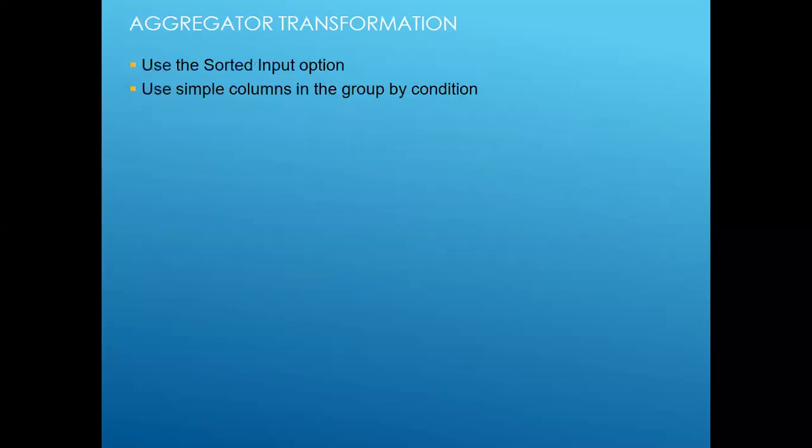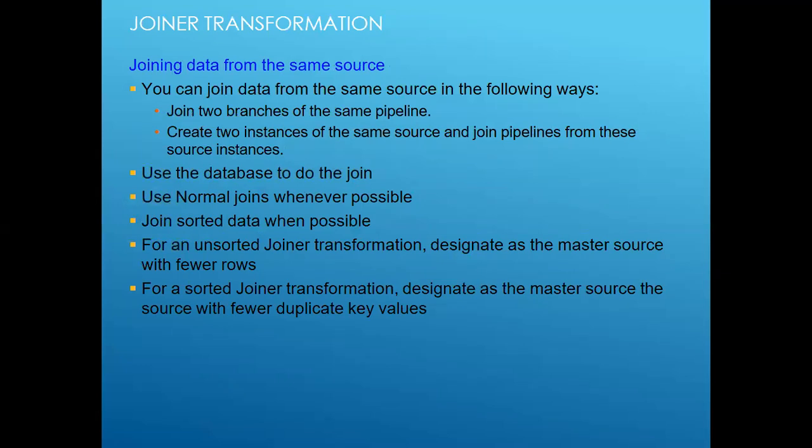Okay, now going back to the aggregator transformation, you should always use the sorted input option before aggregating. That is a must. And always use whatever columns you need in the aggregation so that the aggregation will be proper. Now if you are joining data from similar sources, go and join in the source qualifier easily.